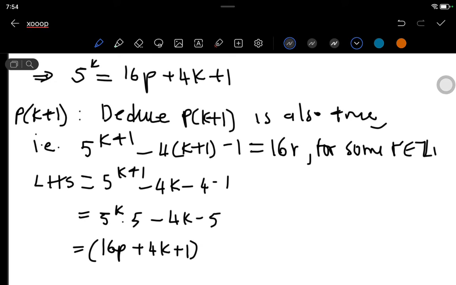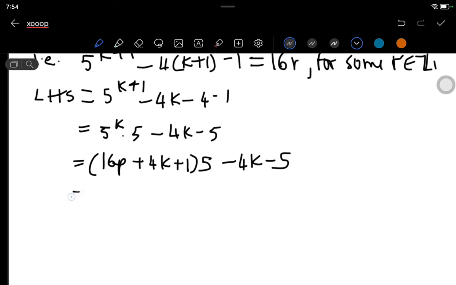Now we see that this is 5 to the k, and then we multiply it by that 5, minus 4k minus 5. What is 16 times 5? Let me just use a calculator. It's 80p plus 20k plus 5 minus 4k minus 5.